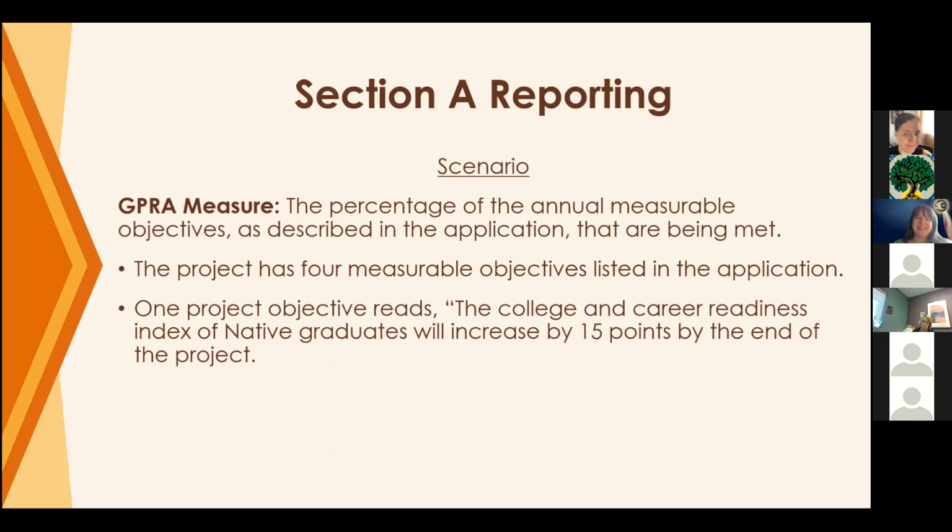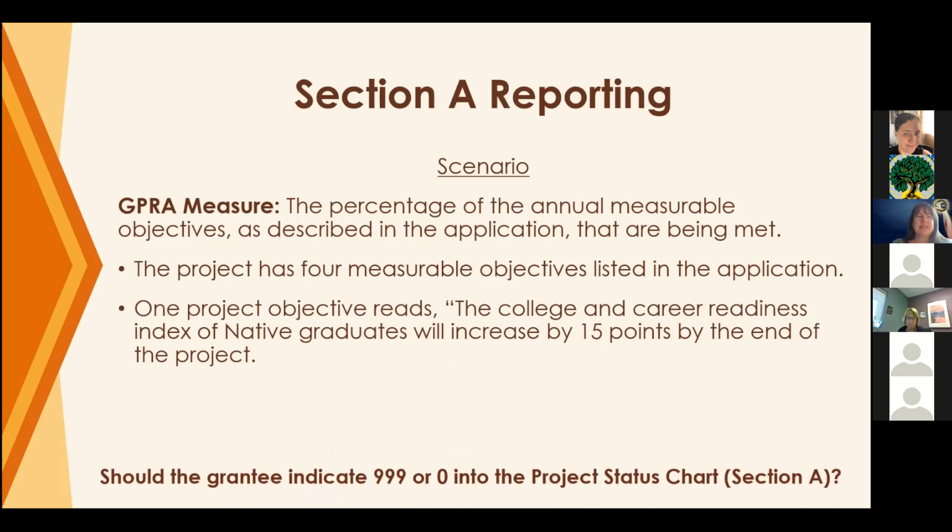Let's do another one. Same question. Does this grantee indicate 999 or 0 in the project status chart? And this one is the same example that we were looking at earlier. So we already said that no, that this data is not going to be available for this grantee's GPRA measure. They have a project that has 4 measurable objectives listed in the application.